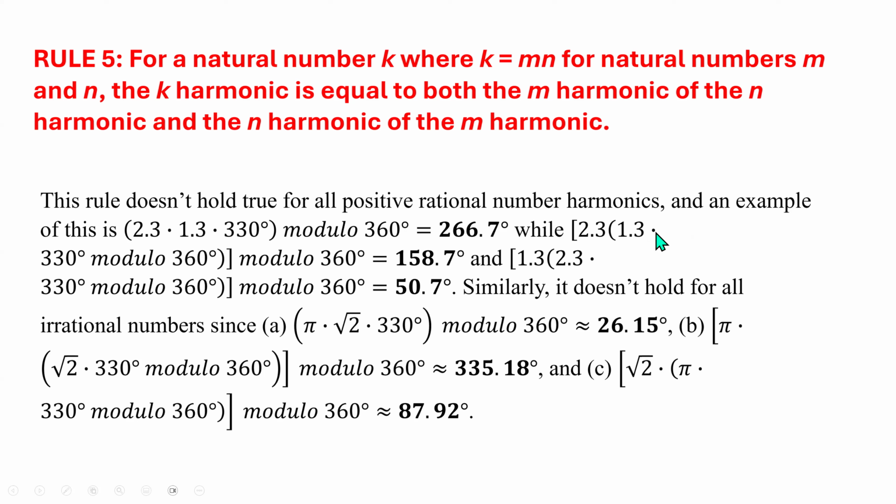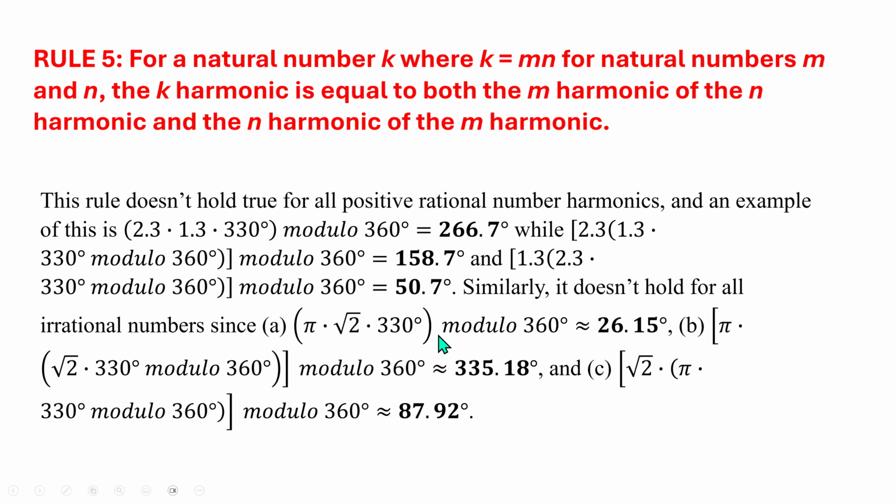If I tried to do this by stages, first find the 1.3 harmonic of 330 degrees, and then find the 2.3 harmonic of that result, I'm going to wind up with 158.7 degrees, a different angle here. If I do it in the order, first get the 2.3 harmonic and then calculate the 1.3 harmonic of that result, I wind up with 50.7 degrees. All three of these are different.